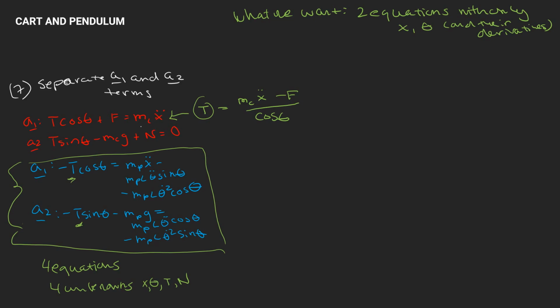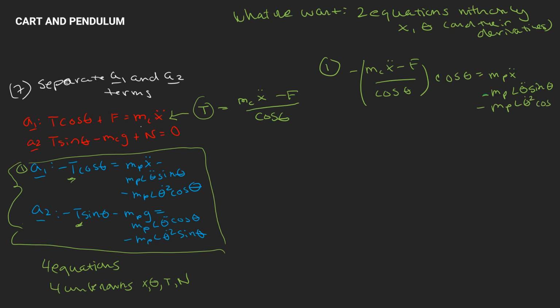So we have this first equation, so I'll put 1 here. So 1, we have negative, and then T is (MC x double dot minus F) over cosine theta, times cosine theta, is equal to MP x double dot minus MP L theta double dot sine theta minus MP L theta dot squared cosine theta.